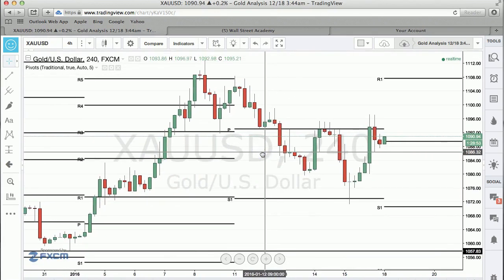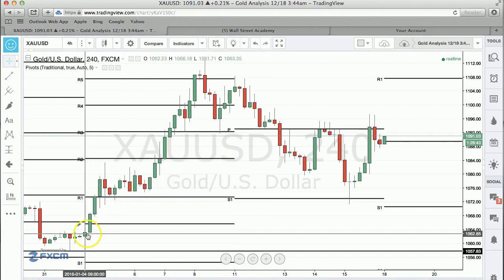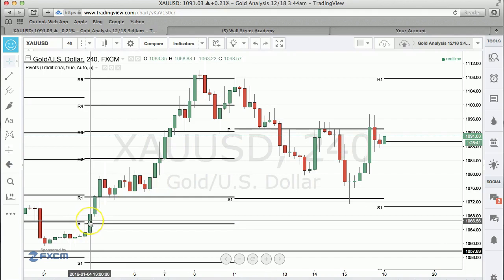So remember, pivot points are simply used to determine where market sentiment may change between bullish and bearish. What do we notice here? We notice that price had pivoted.